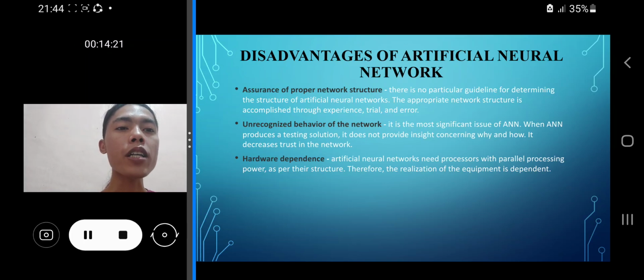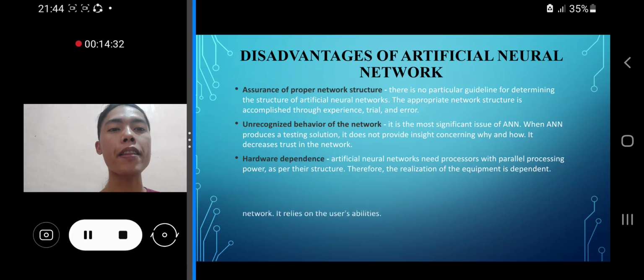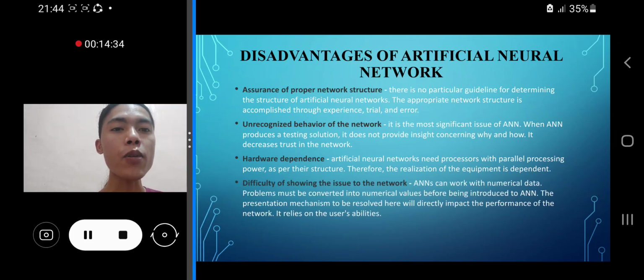Artificial neural networks need processors with parallel processing power, as per their structure. Therefore, the realization of the equipment is dependent. And the fourth one is difficulty of showing the issue to the network. ANNs can work with numerical data. Problems must be converted into numerical values before being introduced to ANN.